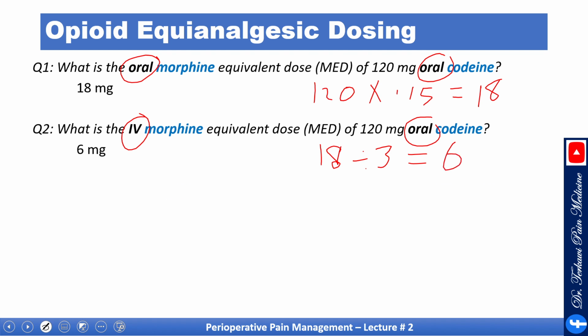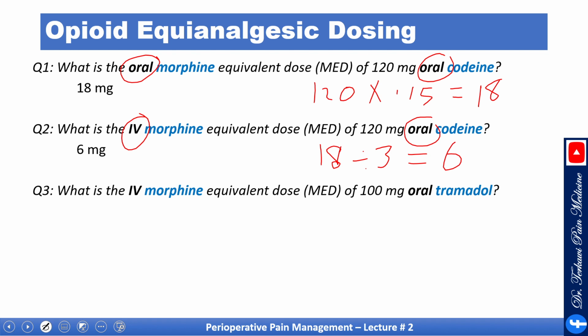Okay. Now, what is the IV morphine equivalent dose of oral tramadol? So again, we have IV, we have oral here. The first thing we need to do, we need to convert the oral tramadol to oral morphine.